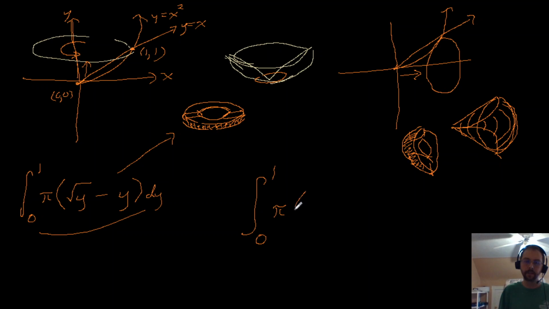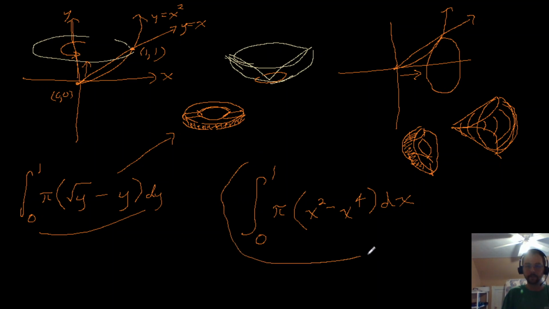Pi times the uppermost one, which is y equals x, so it's just x, but then we have to square it, minus the innermost one, which is x squared, but we have to square it, so it's x to the fourth, dx. So solving this integral would give you the volume of this shape.